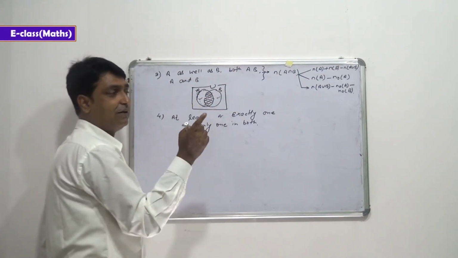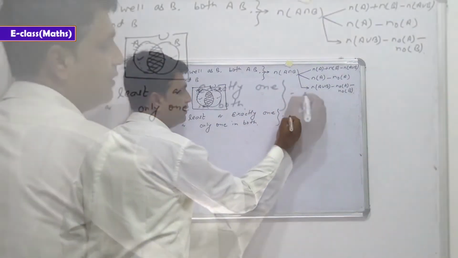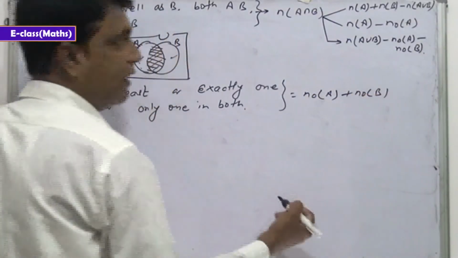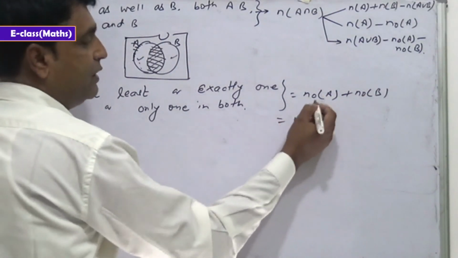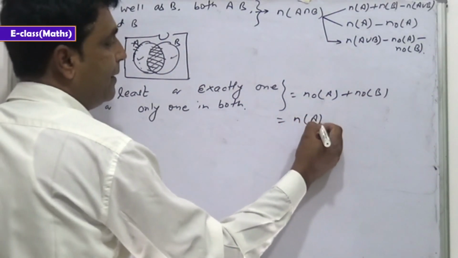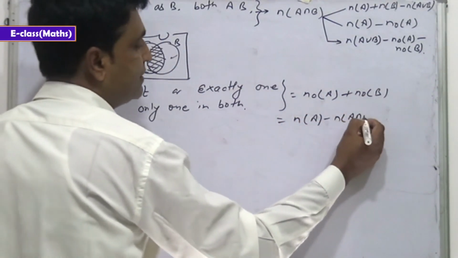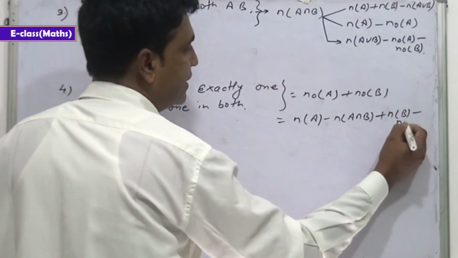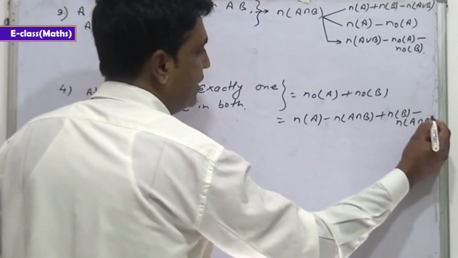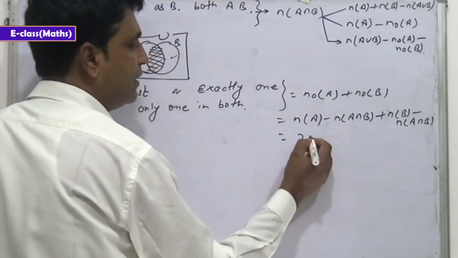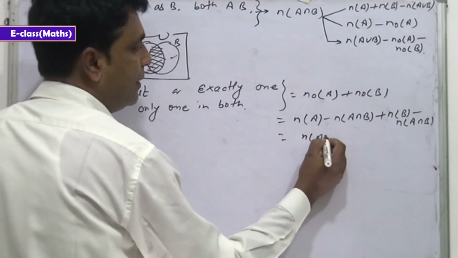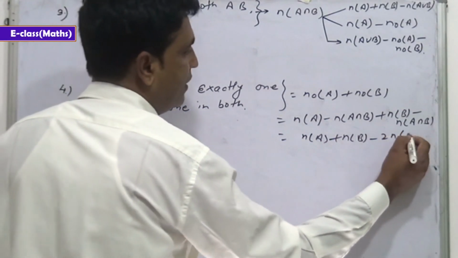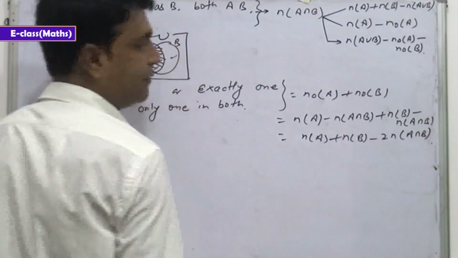This is called n only A plus n only B, and you know n only A means n(A) minus n(A intersection B), plus n only B means n(B) minus n(A intersection B). Operate it. We can write, correction, n(A) plus n(B) minus 2 times n(A intersection B).